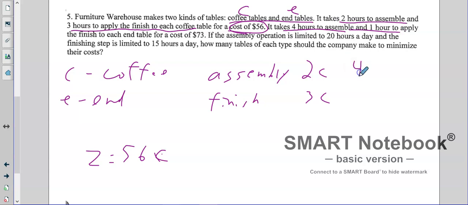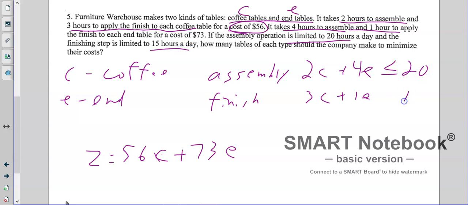So 4 hours to assemble and 1 hour to apply, okay, for a cost of $73. Assembly is limited to 20 hours a day. That's all the time they have, so that's less than or equal. And finishing is limited to 15 hours a day, less than or equal.